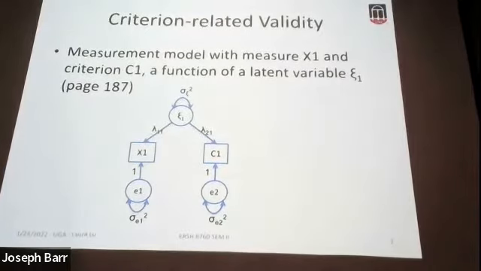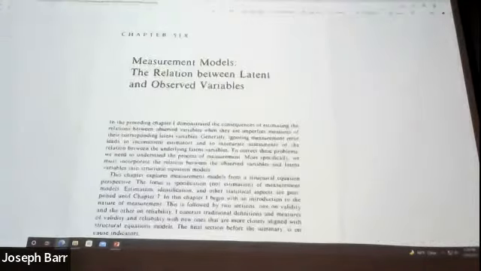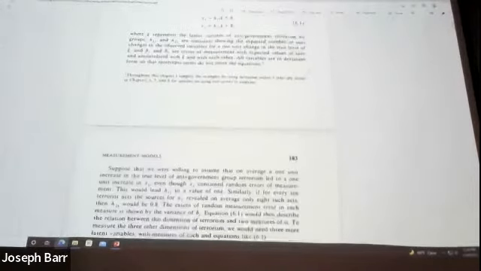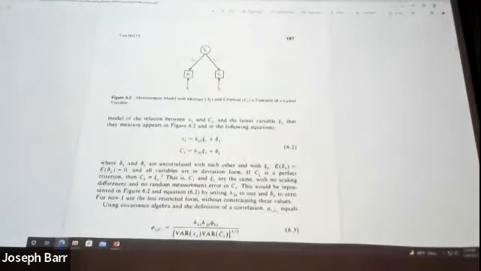So if you go to page 187, let's check the textbook. 187 here. Okay, so this is the model I just described. We have X measure here, criterion C here, and the function. Both of them are a function of latent variable C. So you can see that X1, let me make it larger.